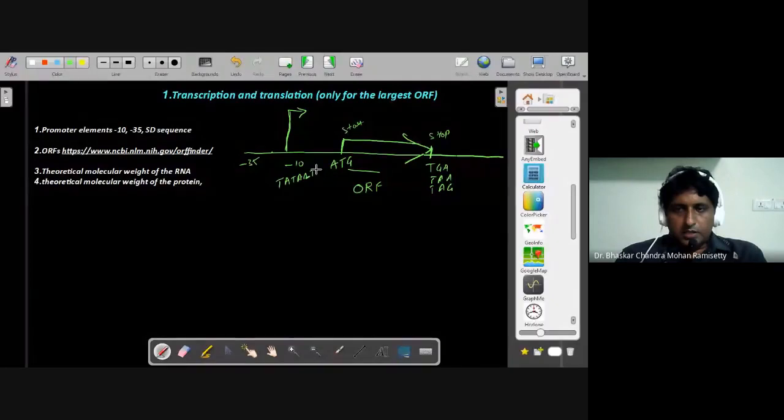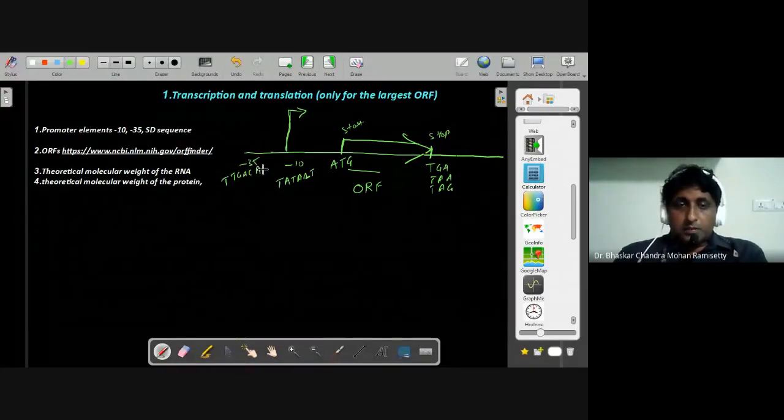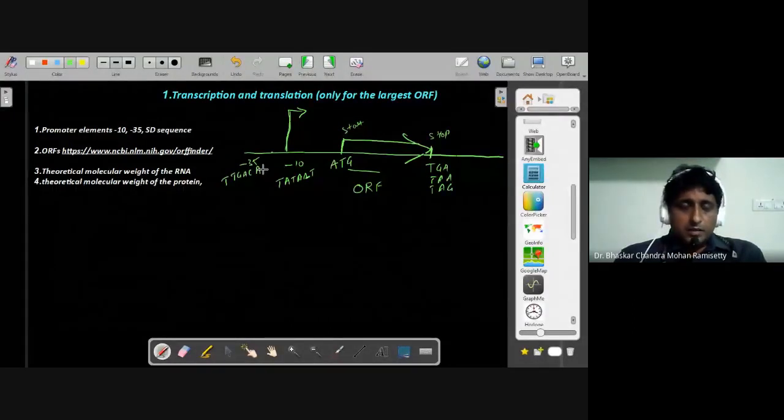That is one of the most optimal -10 sequences, but different genes have a little bit of variation of this, and there are also other promoters as well. -35 is TTGACA. That is the optimal sequence, but there are again variations. Sometimes you have UP elements, sometimes you have an extended -10 sequence, and so on.